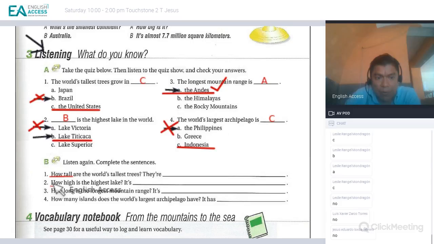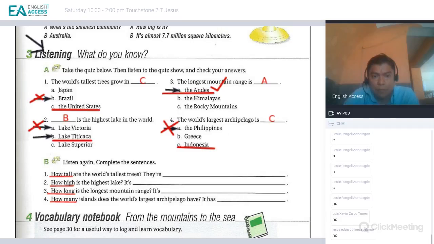Number two, how high is the highest lake? Number three, how long is the Andes? And four, how many islands does the world's largest archipelago have? Yes, how many? Now listen again and let's write your answers, okay?